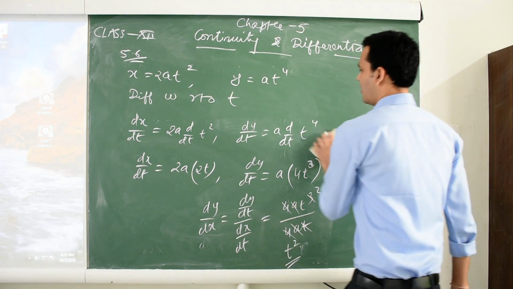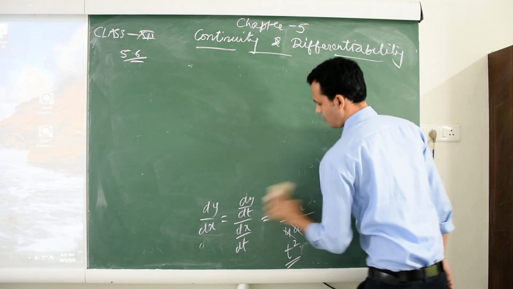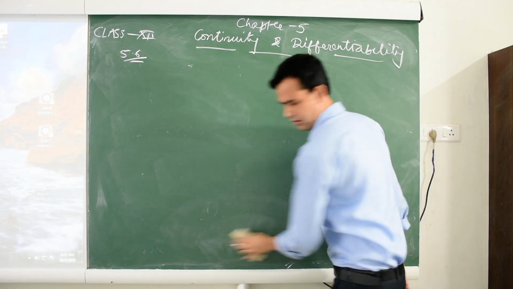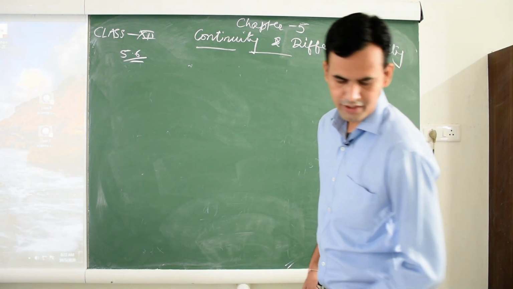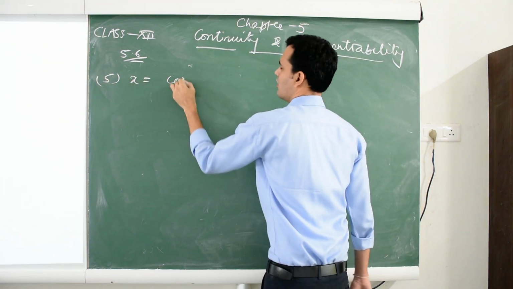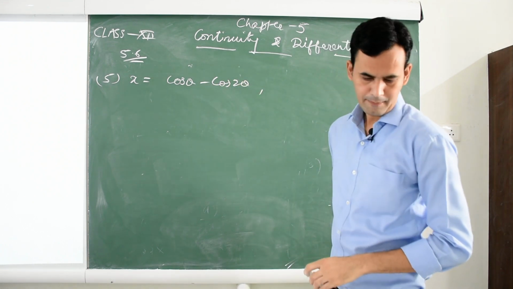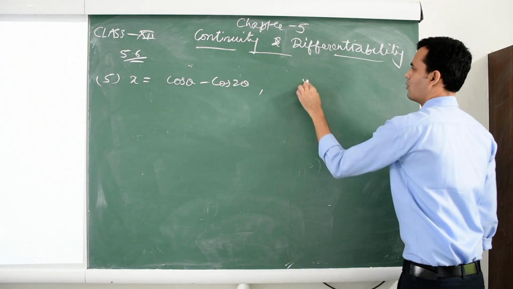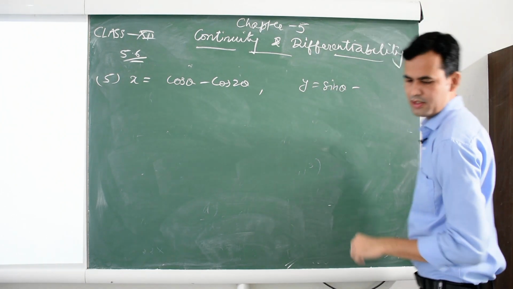Okay. Next question, question number 5. x equals cos theta minus cos 2 theta, and y equals sin theta minus sin 2 theta.